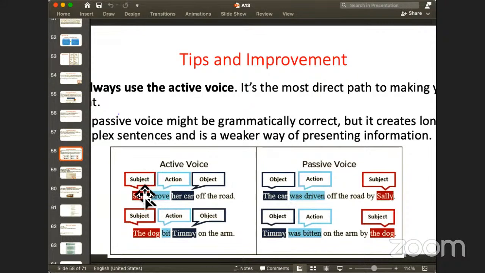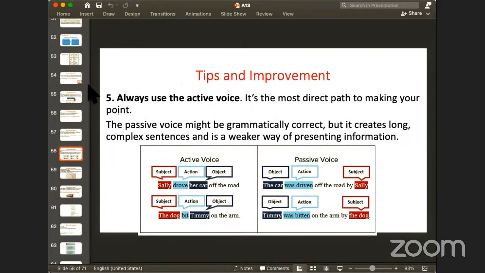It's not the same saying Sally drove her car off the road than saying the car was driven off the road by Sally. This is active voice, this is passive voice. Same thing here: the dog bit Timmy on the arm, versus Timmy was bitten on the arm by the dog. So in this type of writing, we always use the active voice because this is the most direct way to write, to go to a point.